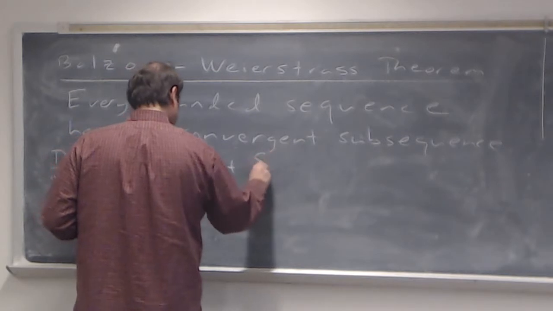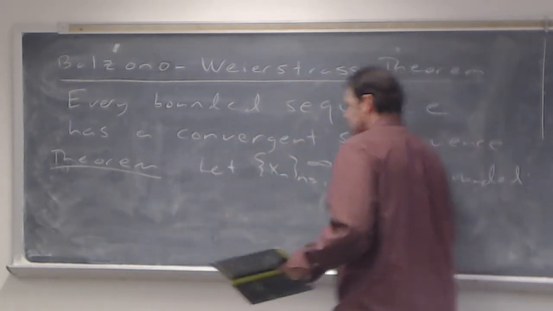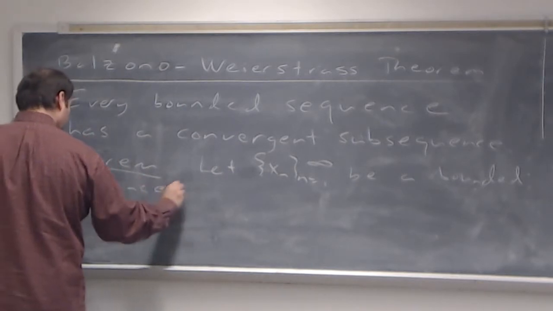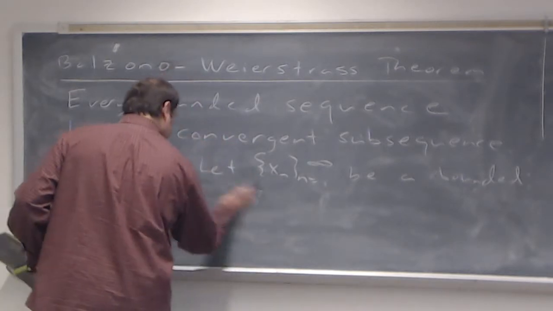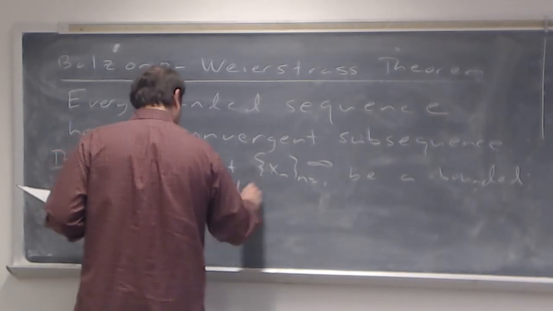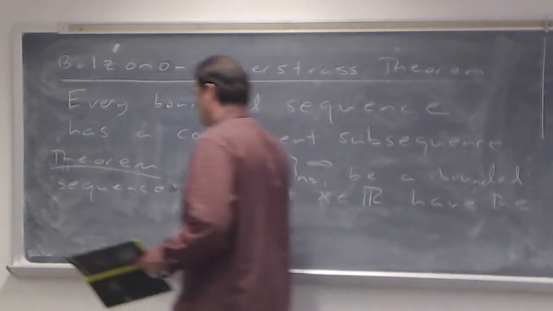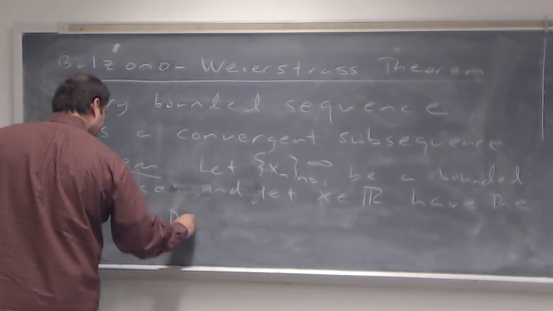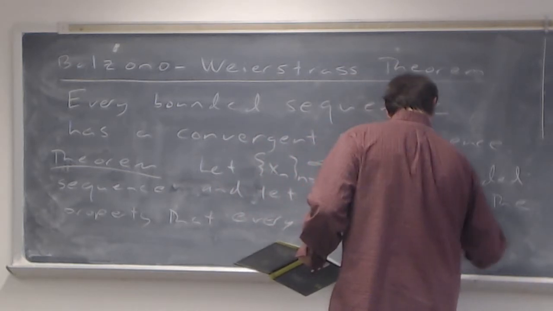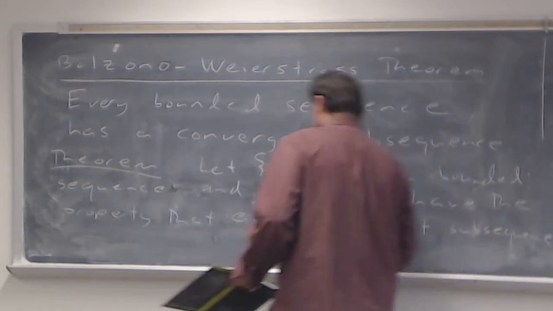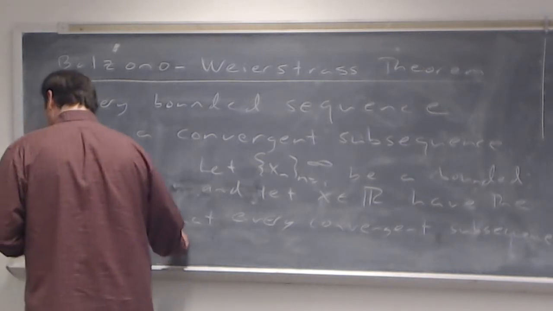It says, let x of n be a bounded sequence, and let x be an element of R have the property that every convergent subsequence of x of n converges to x.